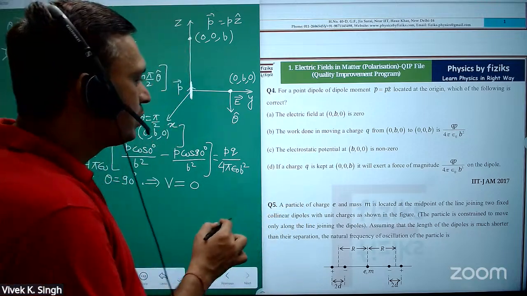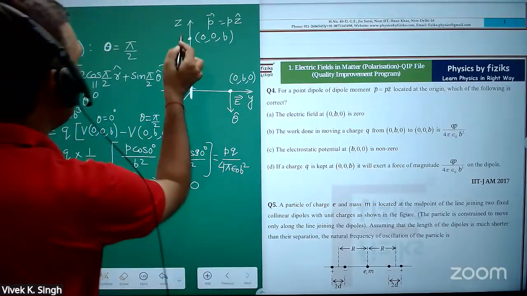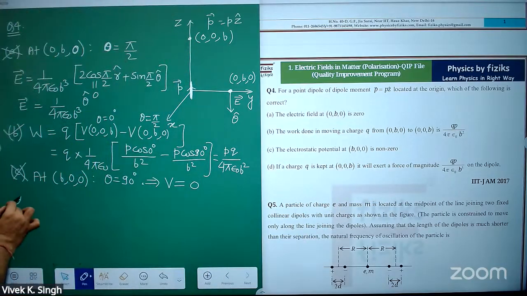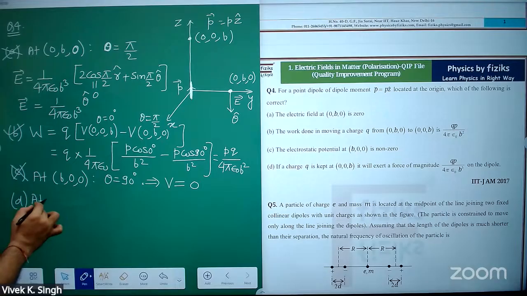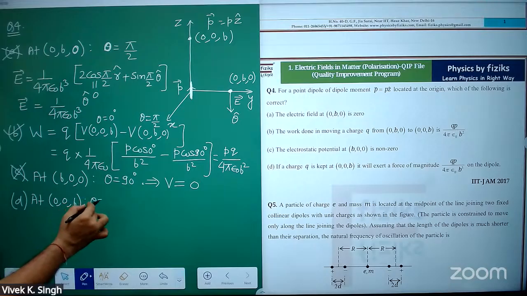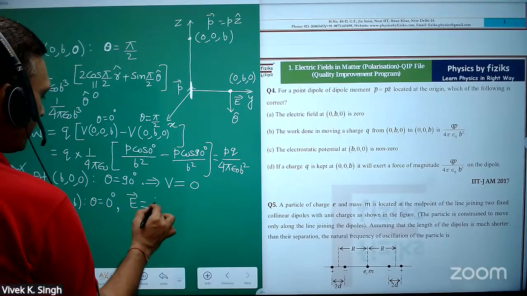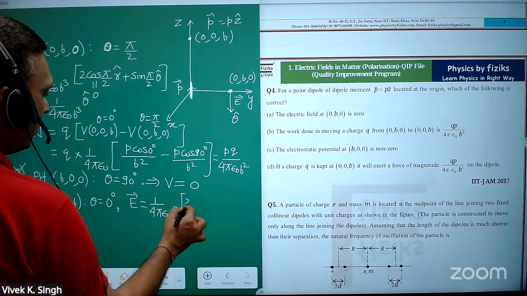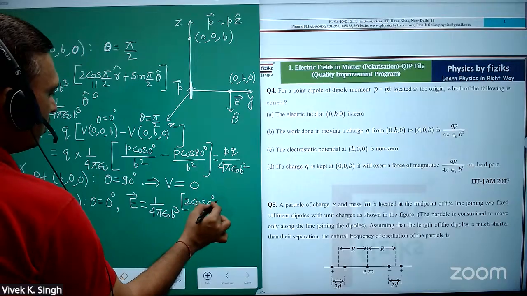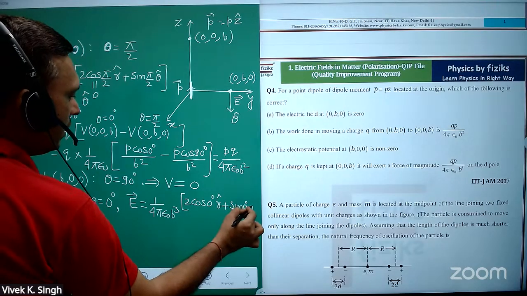Now, if the charge q is kept at (0, 0, B), it will exert a force of magnitude this. What will be the electric field at this point? At (0, 0, B), theta is 0 degree. So E is given by 1 by 4 pi epsilon naught B cube, P times [2 cos 0 r cap plus sine 0 theta cap].